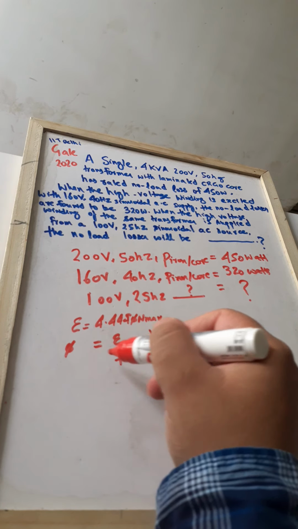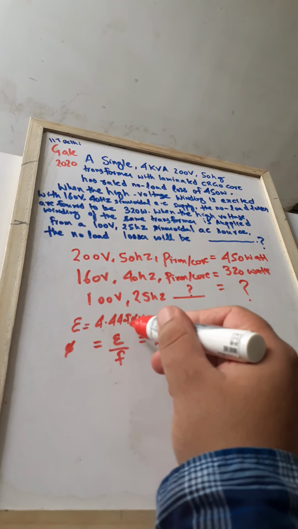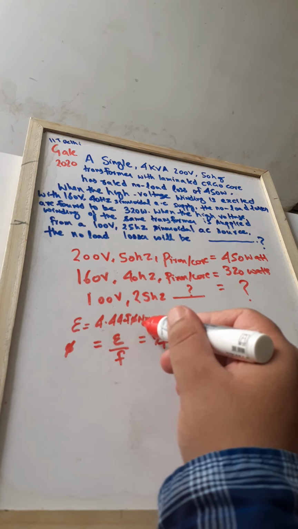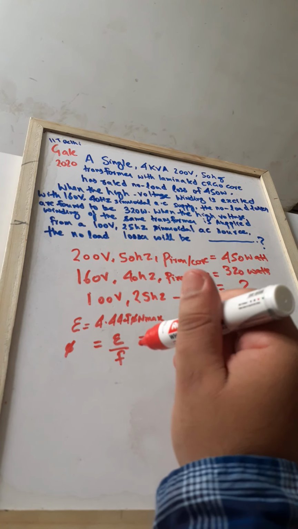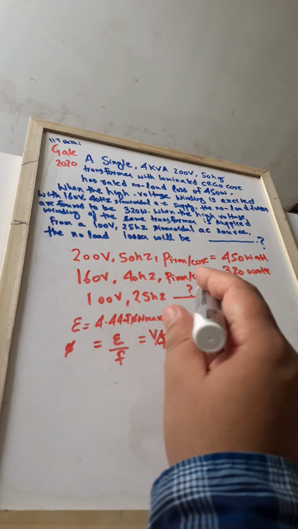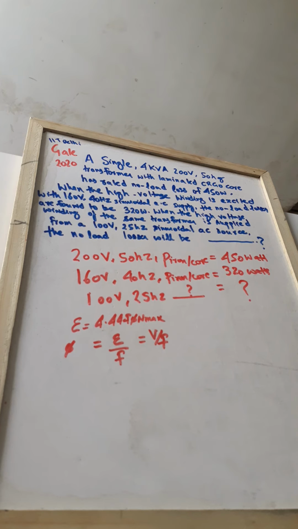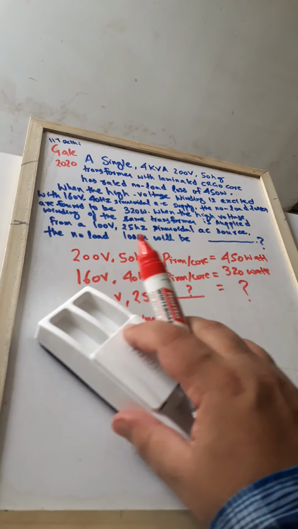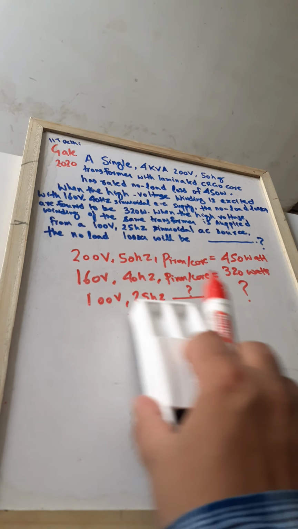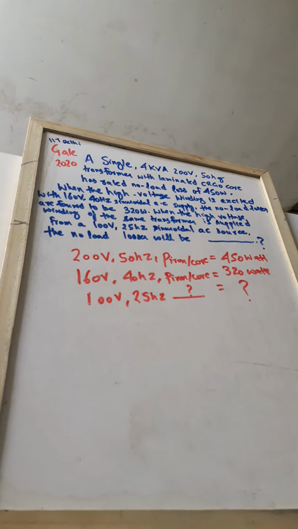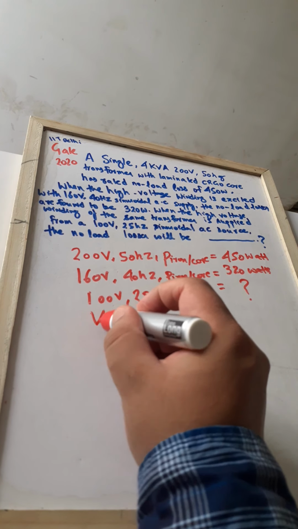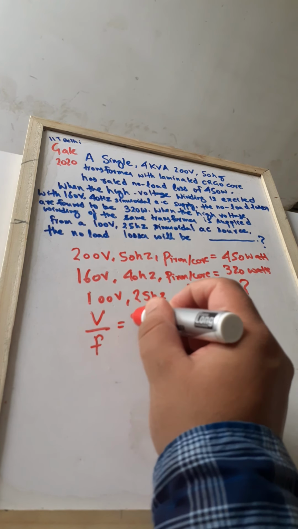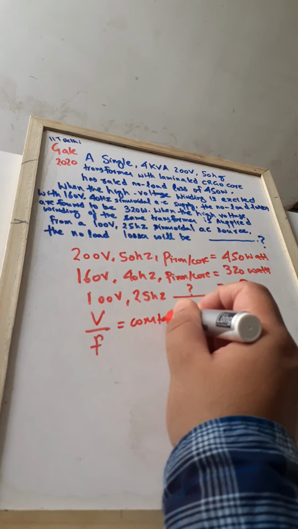Other parameters, the 4.44 and N max, will come, but what we are arriving at is that the transformer's flux remains constant. So the transformer is a constant flux machine, and we can safely write that the V by f ratio will always remain constant.